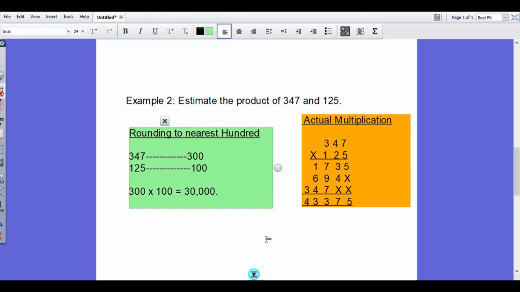Okay, students. Now another method. Again, one number rounding up and one rounding down.